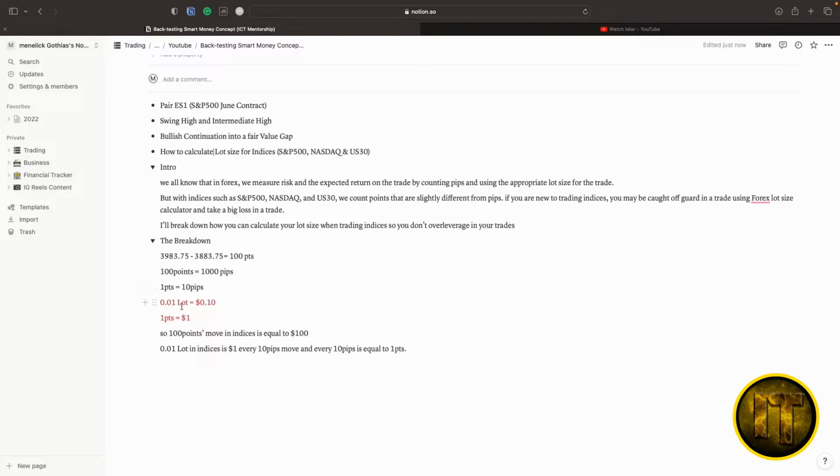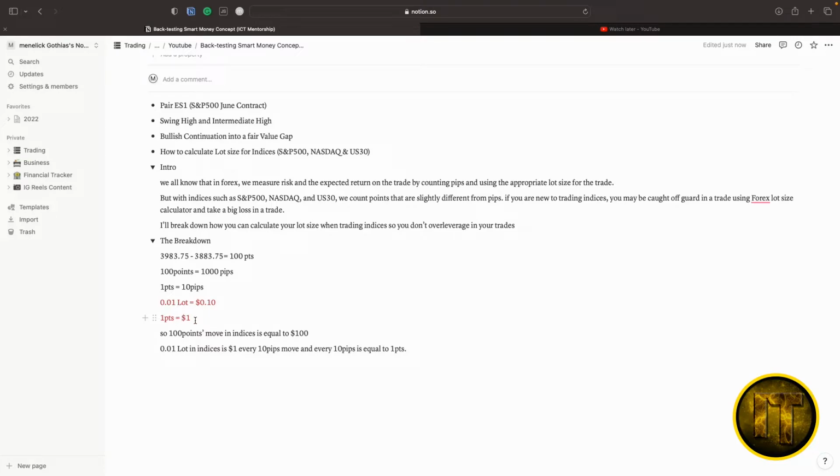We also know that in forex, if you are trading on MT4 or another platform, a 0.01 lot size means 10 cents per pip, which means 1 point is equal to $1, because 1 point is equal to 10 pips, and 10 pips multiplied by 10 cents is $1.